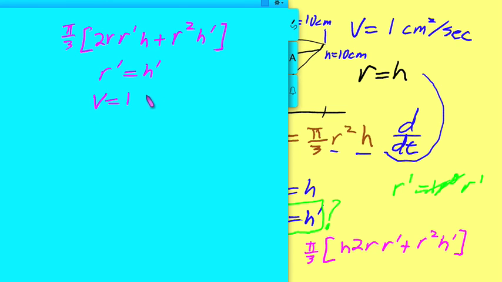V prime equals 1 centimeter squared per second. Max h equals 10 centimeters. Max radius also equals 10 centimeters.